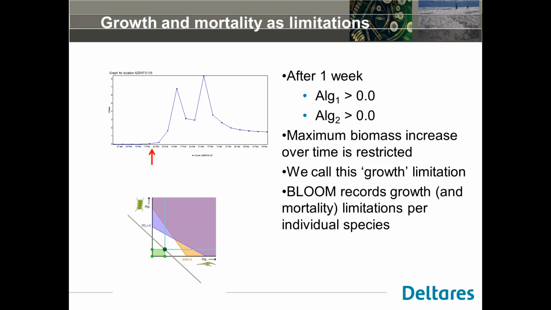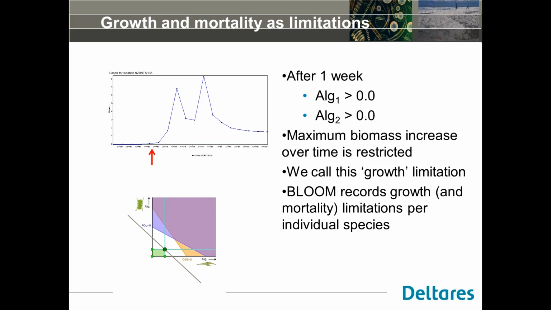This is dealt with in the model by taking the growth rate, the maximum biomass increase over time, into account. So this line indicates the maximum growth of algal 2. This one indicates the maximum growth of algal 1 during, in this particular case, 1 week. And so after a week, we have both algae present and they are what is called growth limited.